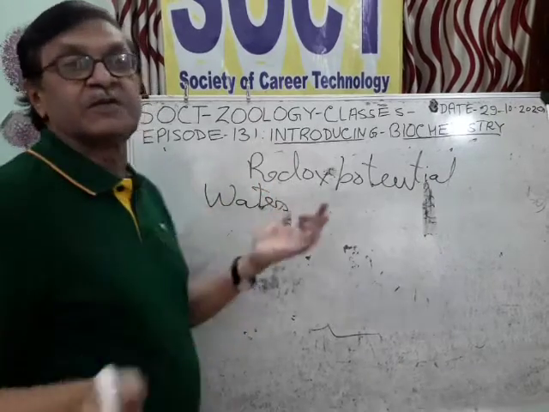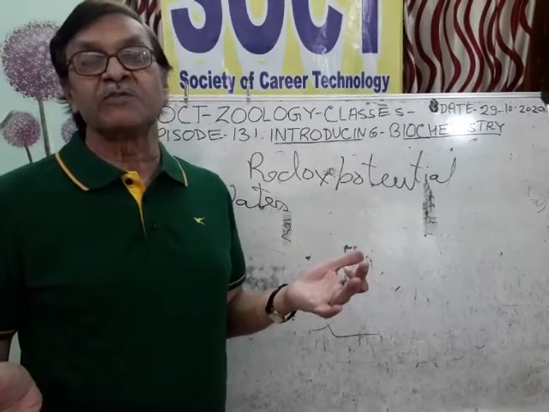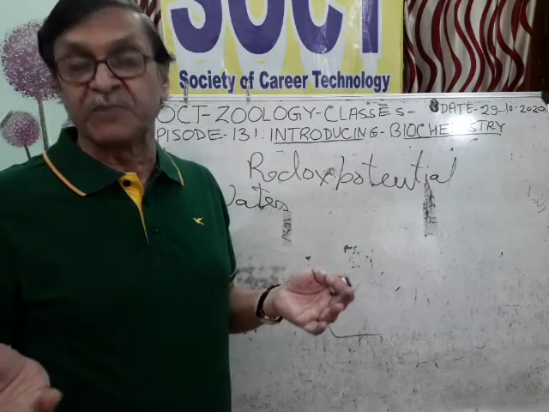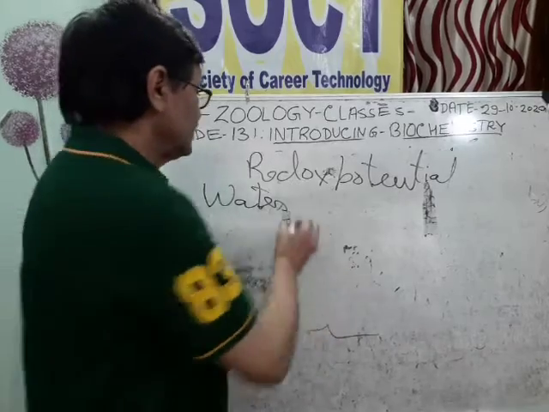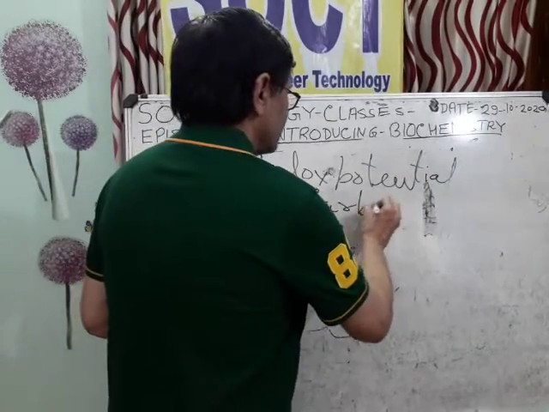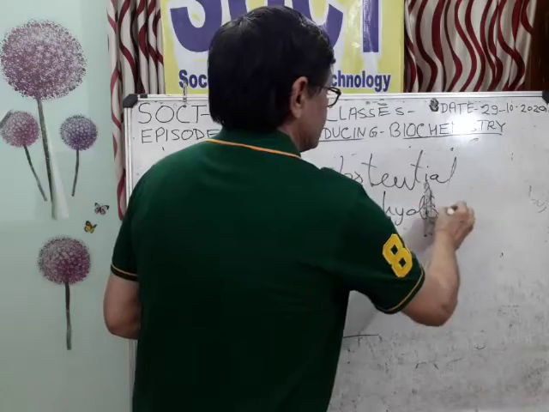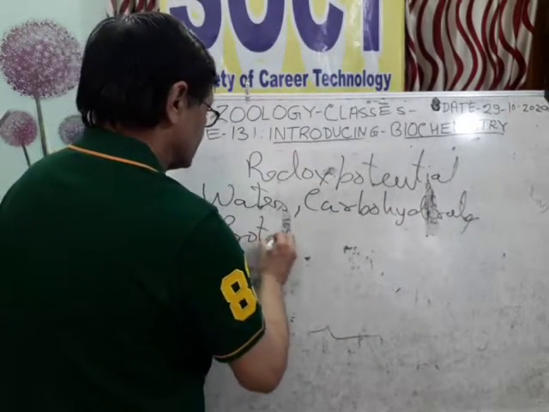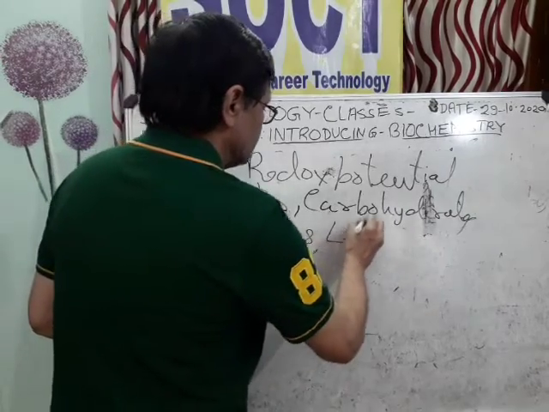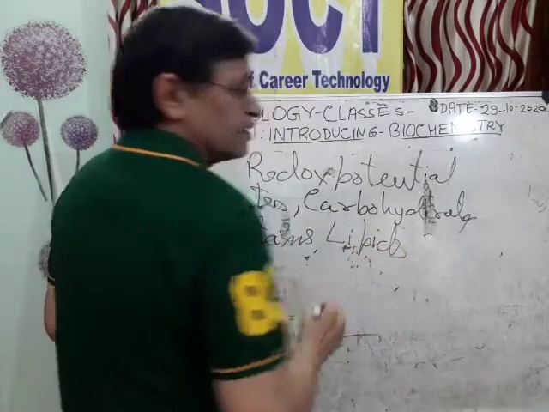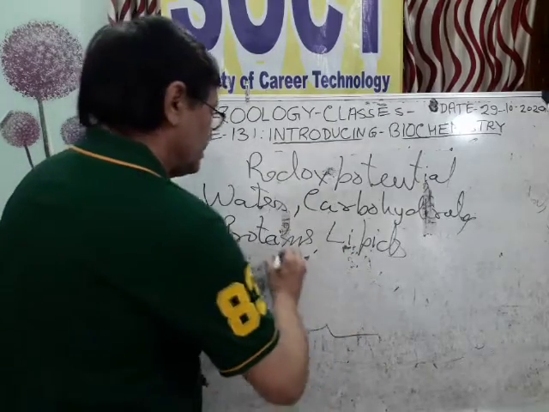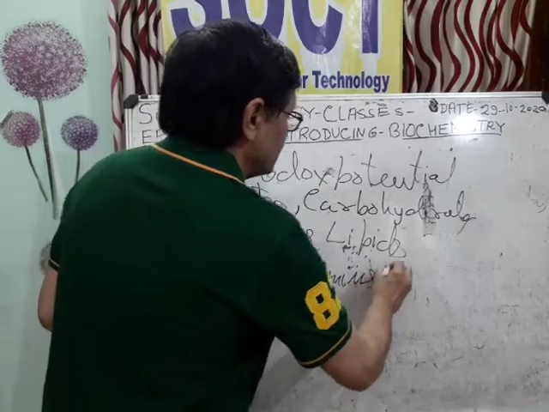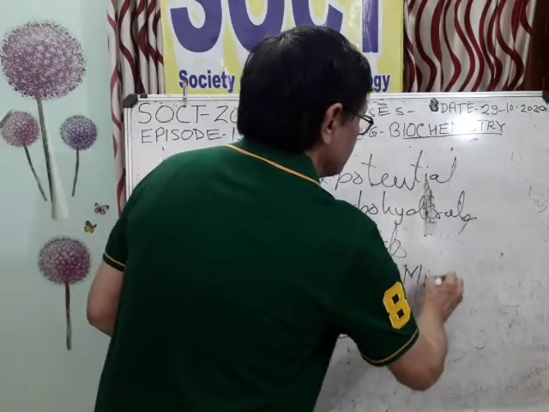The first important molecule in our body is water, because it makes up 70 to 75% of the total volume. Then there are carbohydrates, then proteins, then lipids and their metabolism, and then vitamins plus mineral ions.